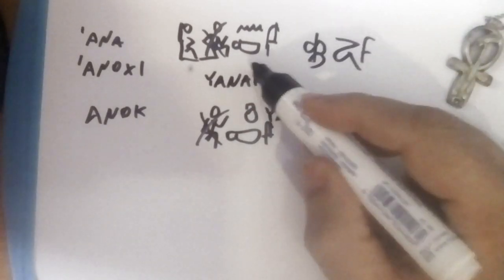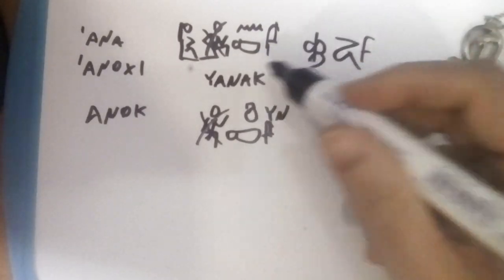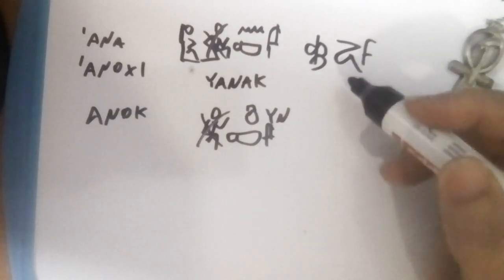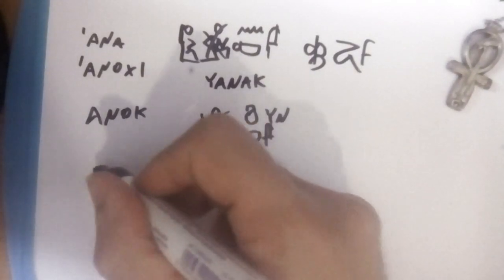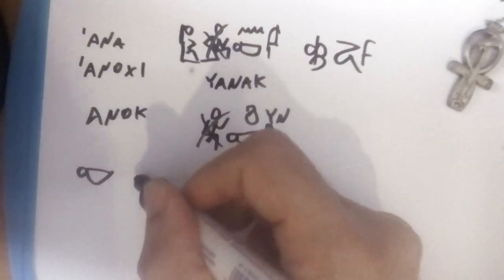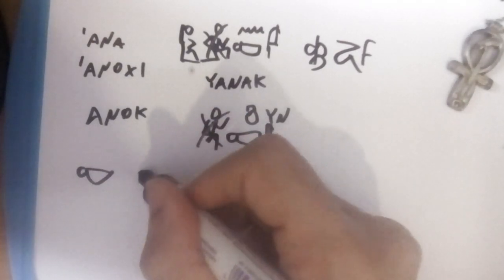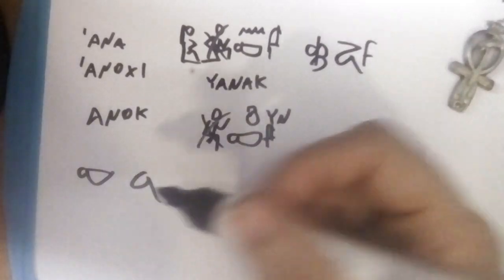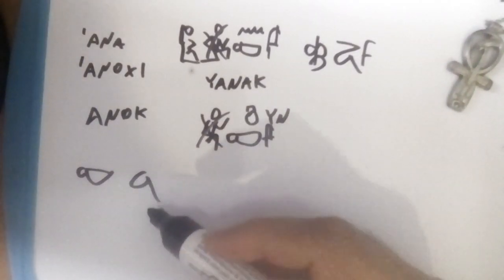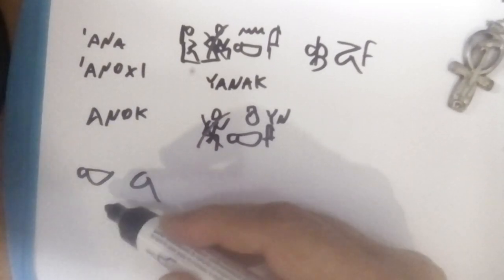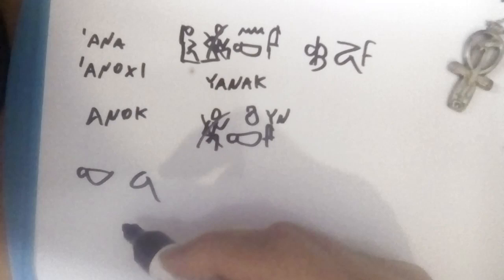Now notice that the cup is very different. It's one of the cases where the hieroglyph is very different from the hieratic form. The hieroglyph is of course like this, but the hieratic form is this. It's one of the cases where the calligraphic writing does not correspond to the pictorial writing.